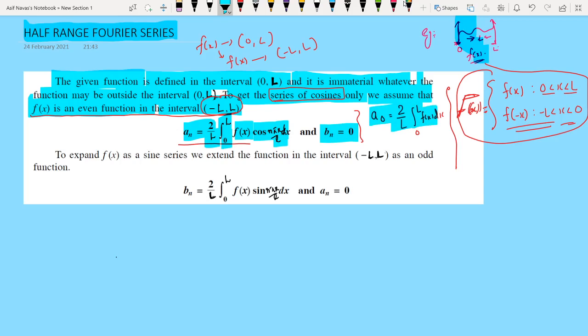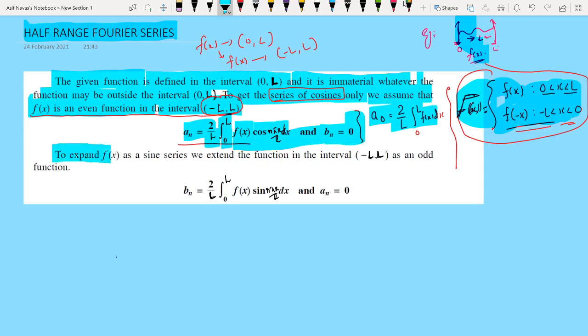So if we extend this function as an even function, we don't actually carry out this extension for doing problems, but I told you how to extend it. We will just assume that we are extending as an even function to get a series of cosine terms.